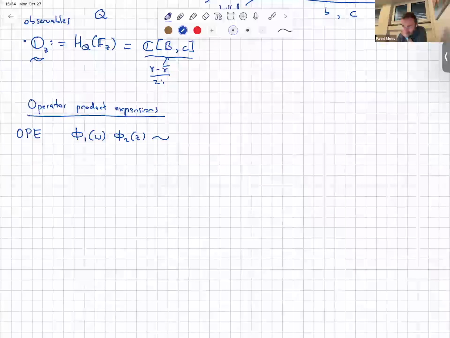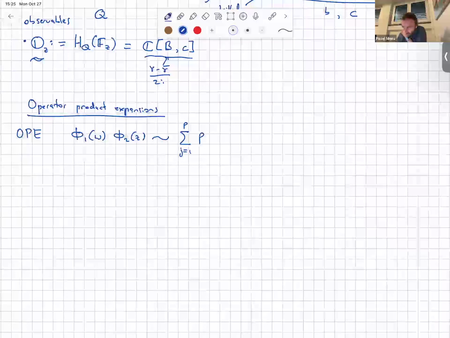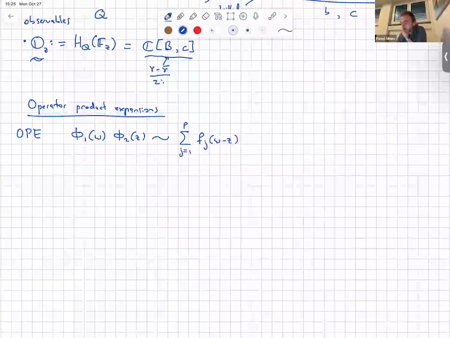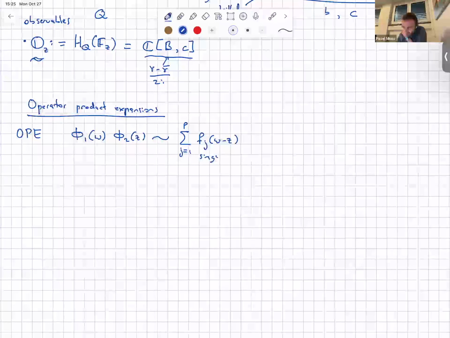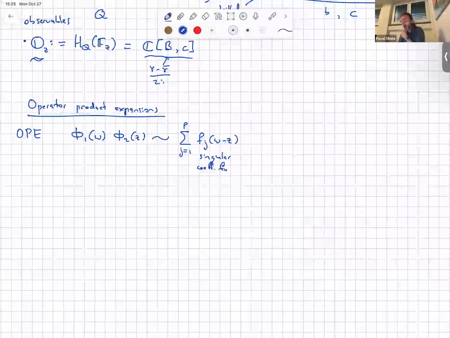So you write something like that this product of fields can be replaced with a sum where the terms are some singular function of W minus Z, some singular coefficient function, typically some negative power of W minus Z, or could have things like logarithm of W minus Z, but actually that doesn't occur in this particular theory, in the free theory.